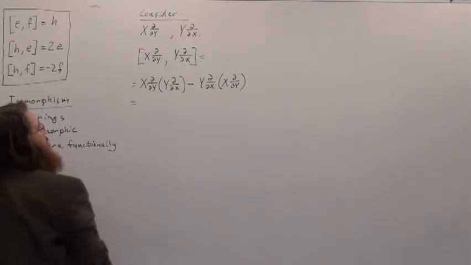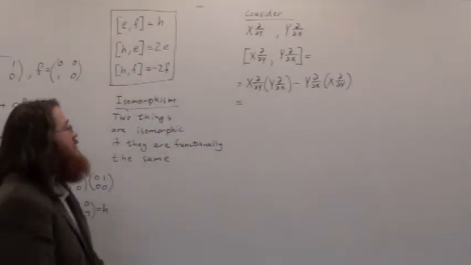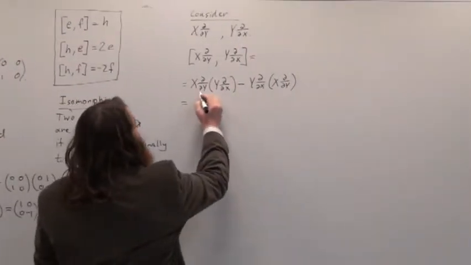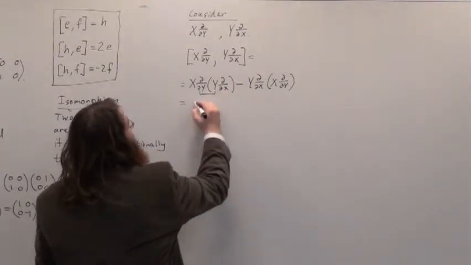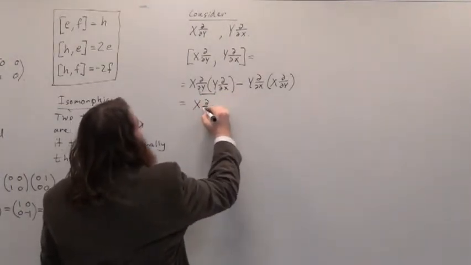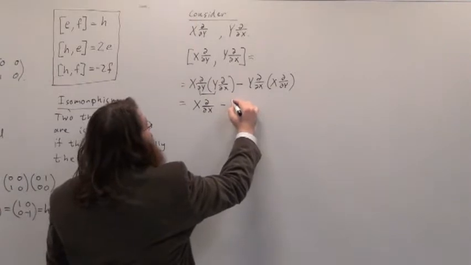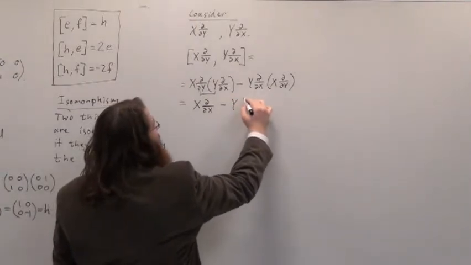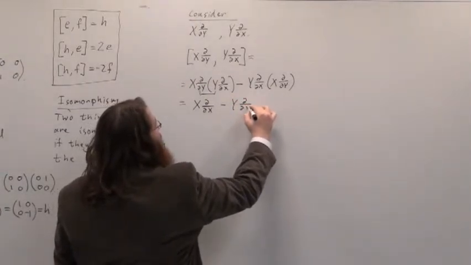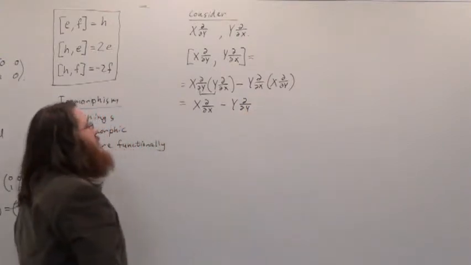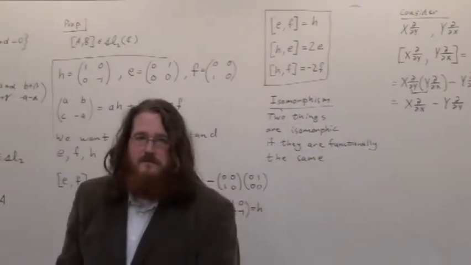The only interesting thing that happens here is that we differentiate y with respect to y, we get 1. So these two terms cancel out, and we're left with x dx minus y dy. So I get a new element, something different.